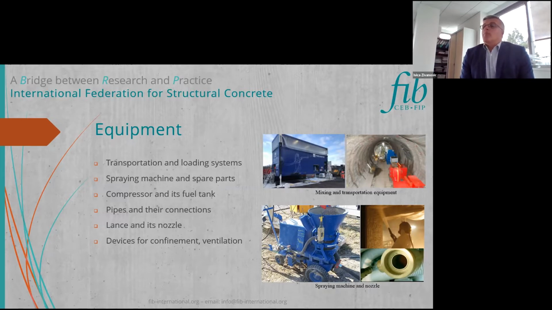We need a compressor for the air, with energy which is currently by fuel, but that is another question regarding some different equipment now to save CO2 emissions. Then pipes and their connections, the lance itself with a specific nozzle for the spraying, and some devices related to confinement with ventilation. This is what you can see on the right side through the pictures.